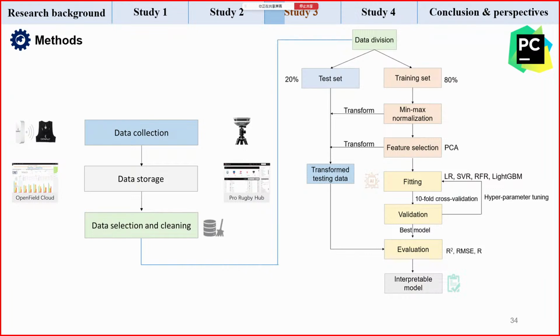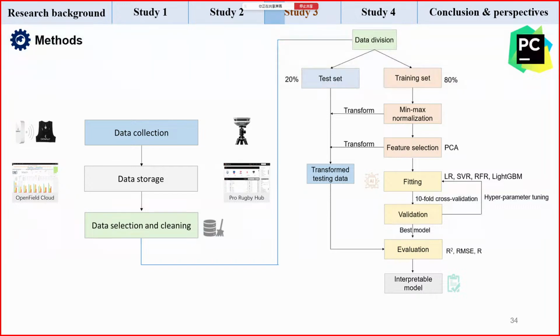Here is the machine learning workflow in this study. First, we collected training data from GPS sensors and match-related KPIs, then stored them on the cloud platform. Next, the data was selected and cleaned to ensure its quality. Then the data was split into a training set, which made up 80%, and a test set, which made up 20%. The training set underwent normalization and dimensionality reduction using PCA, as mentioned in study 2.